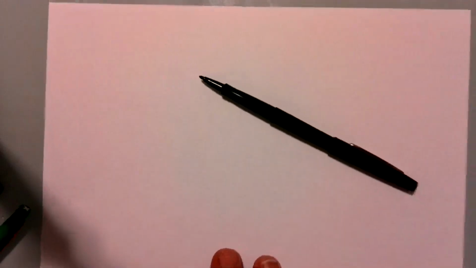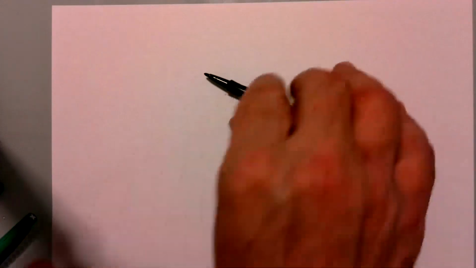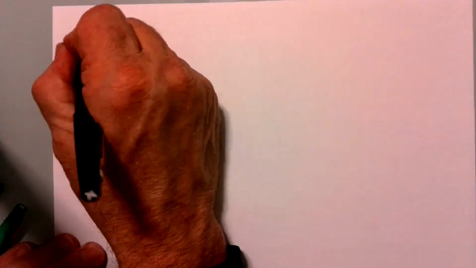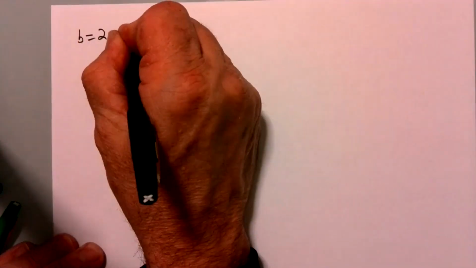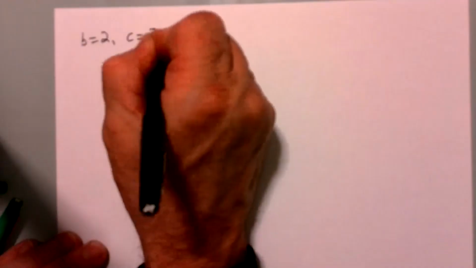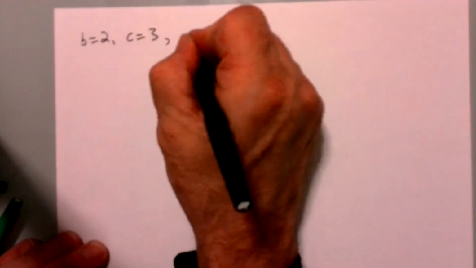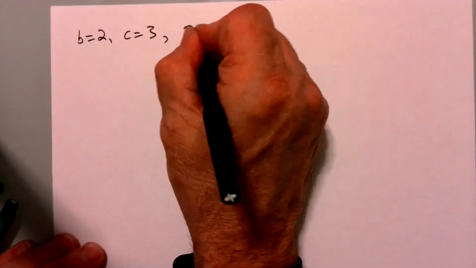We, of course, will continue to work on these on our next lecture, which I very much hope will be on campus at UIC once the strike is over. Okay. So here we go this time. I want b to be 2, c to be 3, and angle B to be 40 degrees.